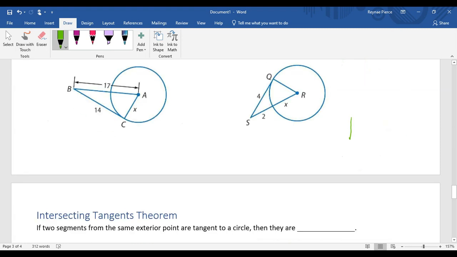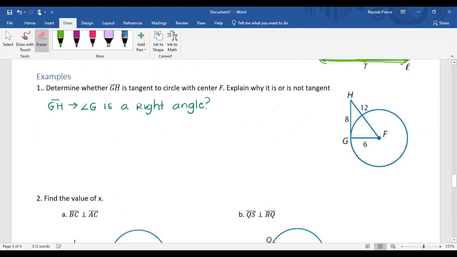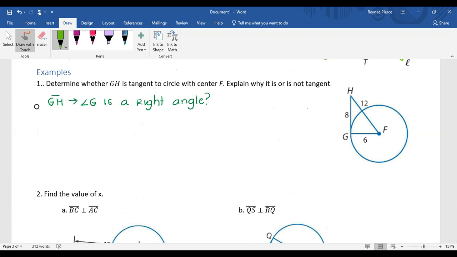If we look at the triangle FGH, we're essentially going to determine, is this a right triangle? We're going to use the converse of the Pythagorean theorem that we talked about in chapter 8.